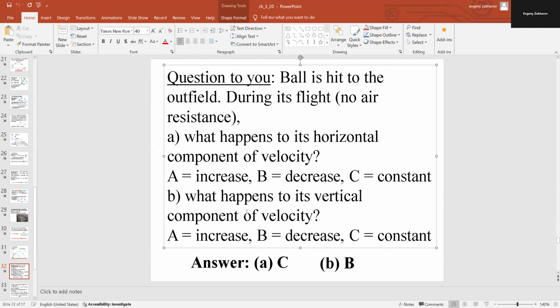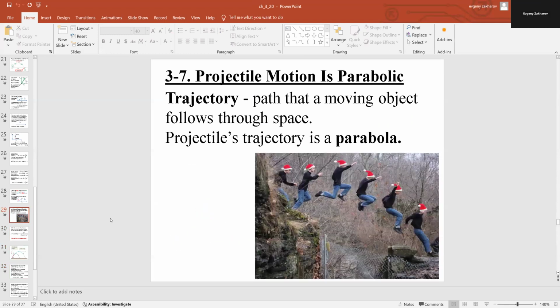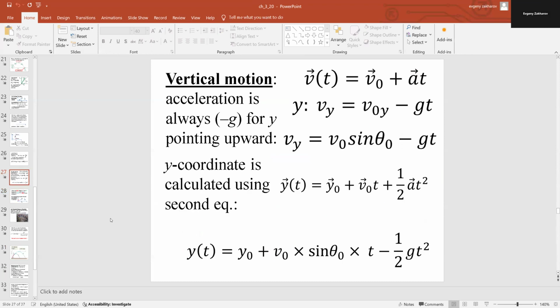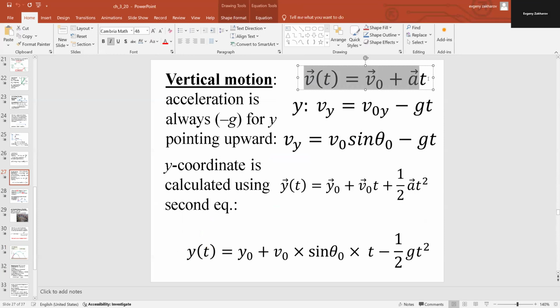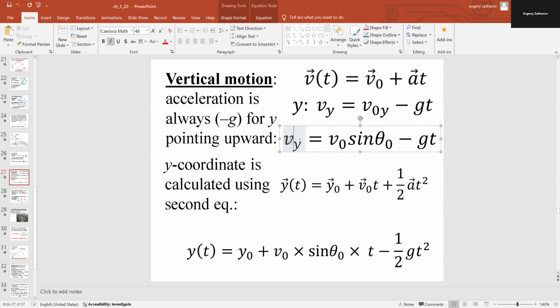Now, how about the vertical component of the velocity? What do we have for the vertical component? Well, let's go back to our analysis from the previous part. Here we go. That's the general equation, and that's the y component. What do we see? We see that it's not v sub 0, but v sub 0 sine theta, because we're talking about the opposite component. And now we do have the acceleration.